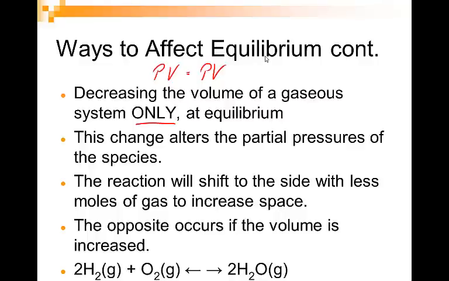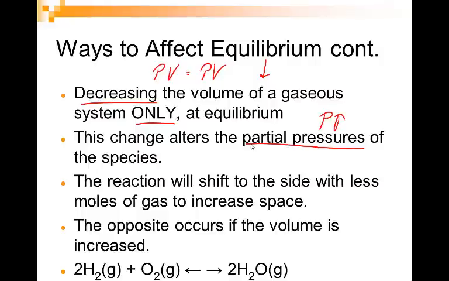So if we were to decrease the volume on a system, we are going to increase the pressure. And most notably, we're going to increase the partial pressures of the species in the reaction. Now what that does for equilibrium then is you can think of decreasing the volume.